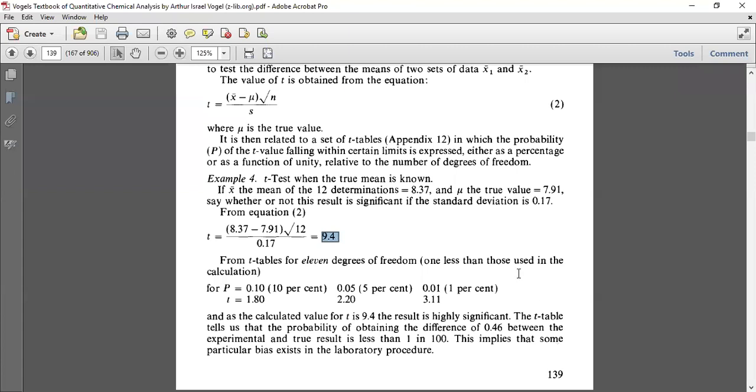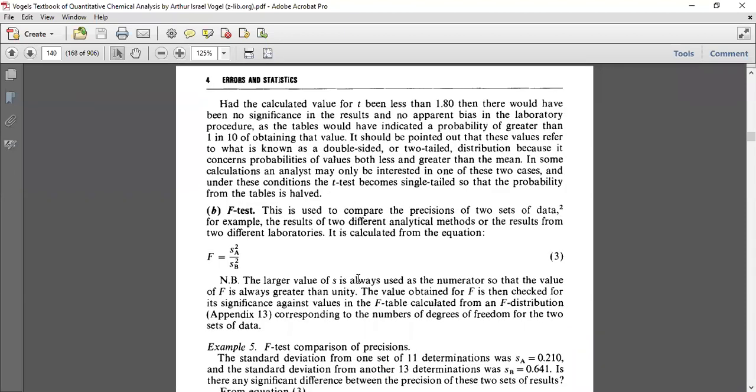Whatever your answer comes out, you have to compare with the standard value. It is very far from 10% probability, far from 5%, and far from 1%. So obviously we write it is highly significant, and this implies that some particular bias exists in the laboratory procedure. So this is the interpretation of your problem. According to that, you have to justify your answer. So this is a problem related to the t-test.